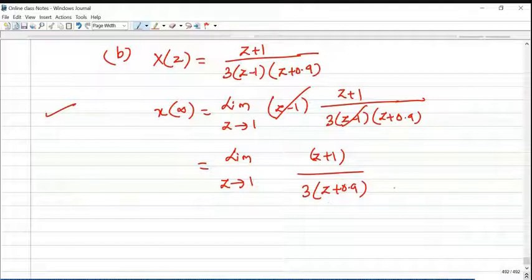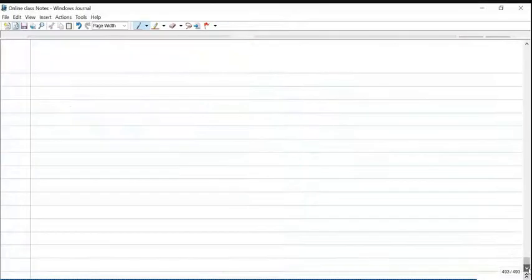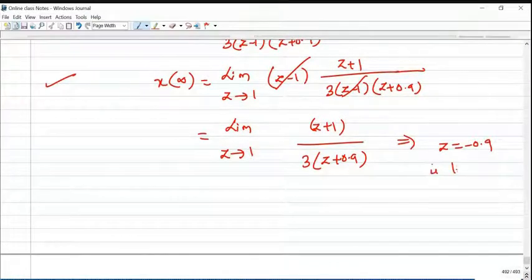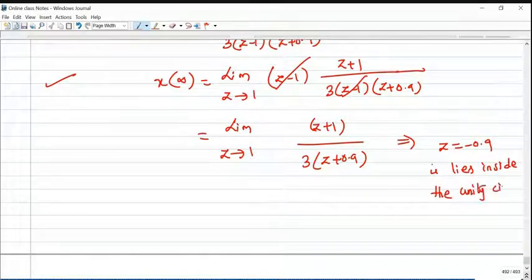At this stage, check whether the poles lie outside the unit circle or inside the unit circle. So z equals minus 0.9 lies inside the unit circle.